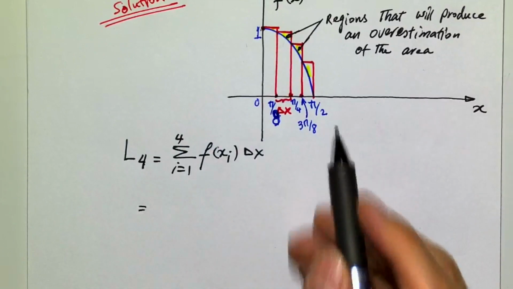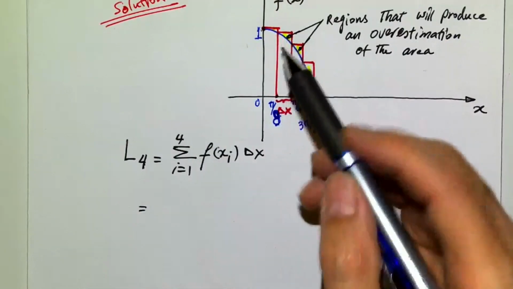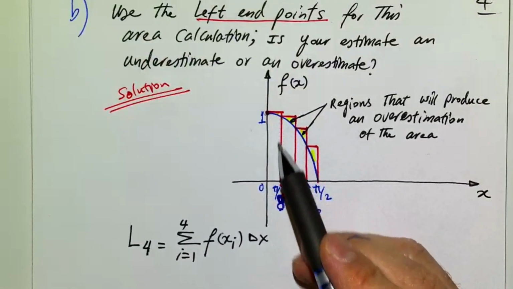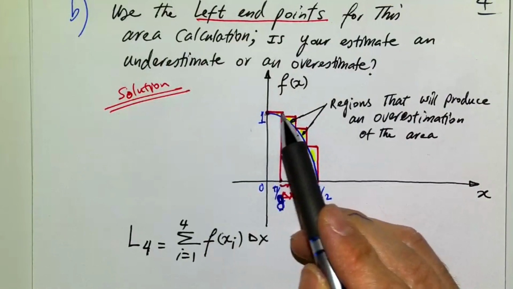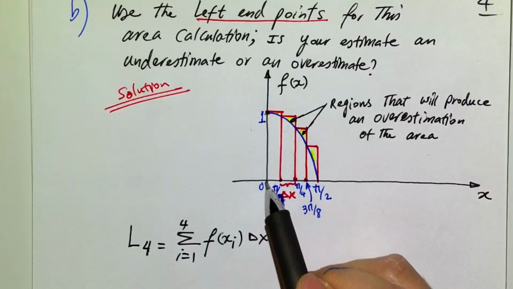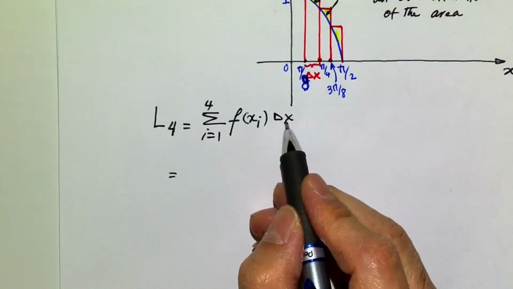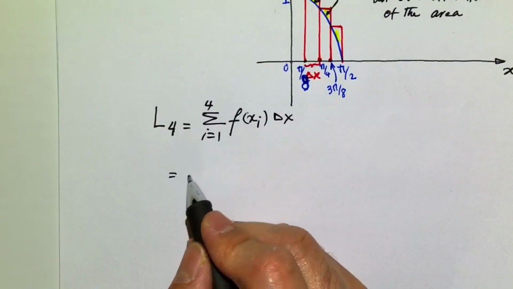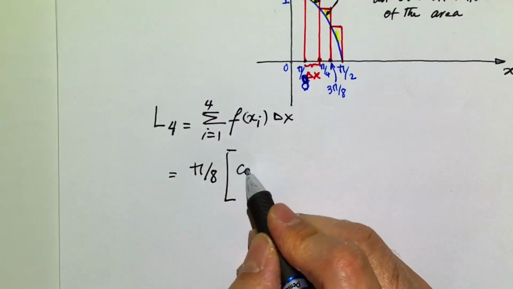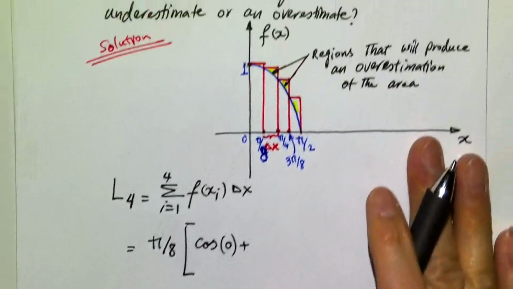this would be cosine of 0, right? Because the left corner point for this rectangle would be cosine of 0. So we begin with that. And of course, delta x is pi over 8 for all of these, so I'm just going to put pi over 8 as a factor out here, and then say cosine of 0 plus the next one.